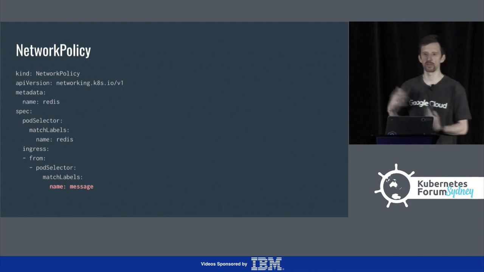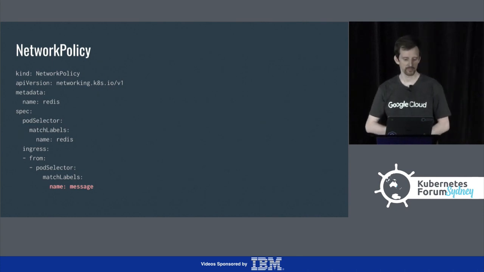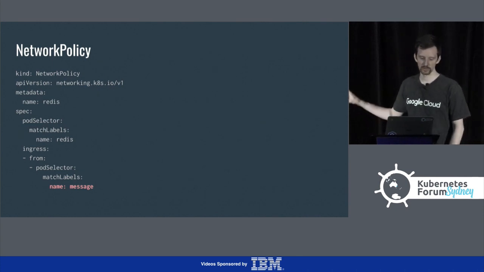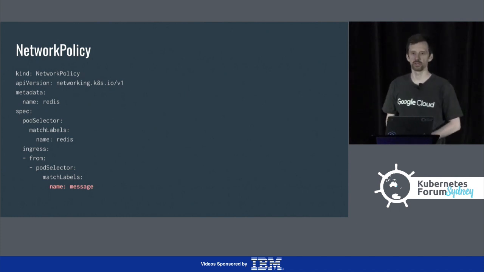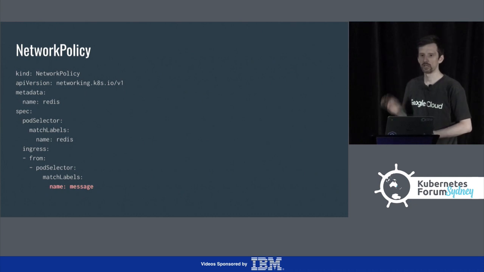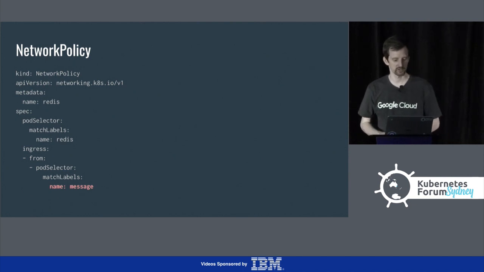Then you can specify either ingress or egress rules on those pods. In this case, we're specifying that ingress into the Redis pod can only come from our message application, so you can't access the Redis pod via the network directly from anything other than the message service.